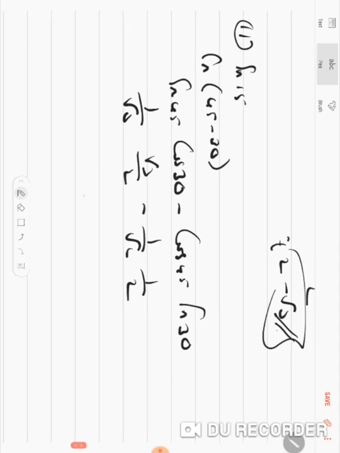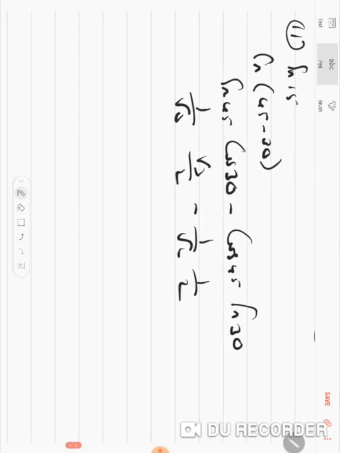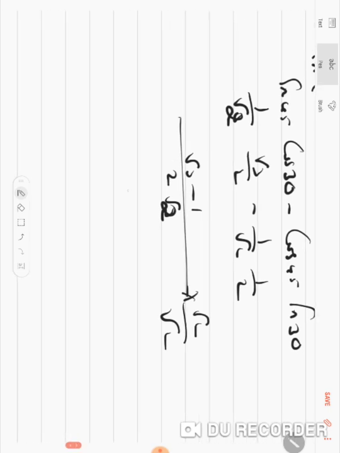So on solving this, 1 by root 2 times the bracket, 2 root 2 is the LCM, root 3 minus 1. You can always rationalize this by root 2 and root 2, so it will become root 3 minus 1 by 2 root 2, which is root 2 into root 3 minus 1 by 4. Okay, on rationalizing, correct?